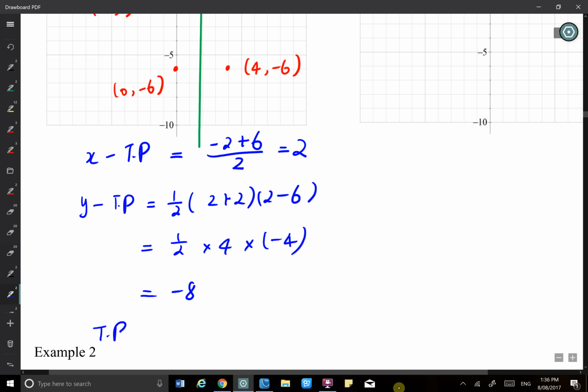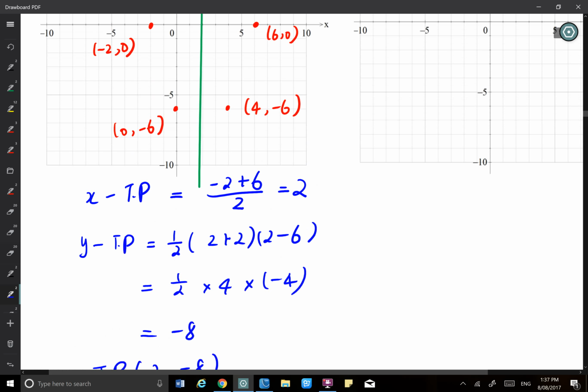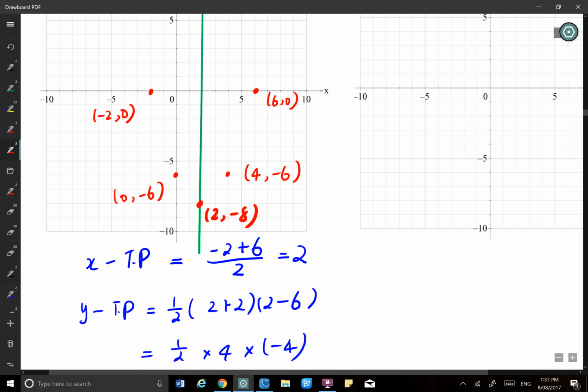So the turning point will be (2, minus 8), this point here.